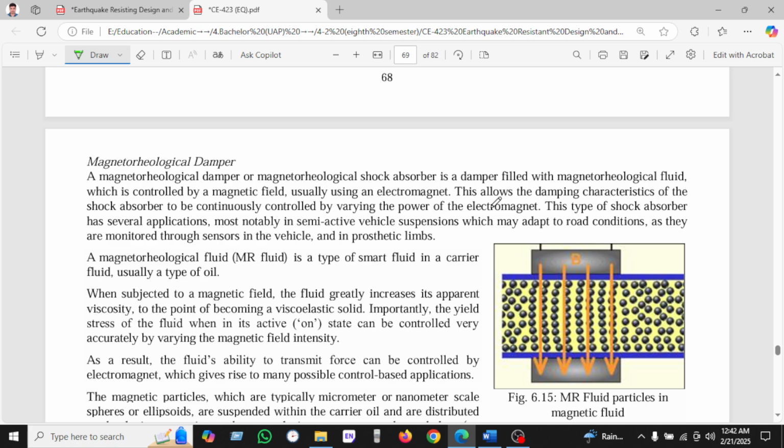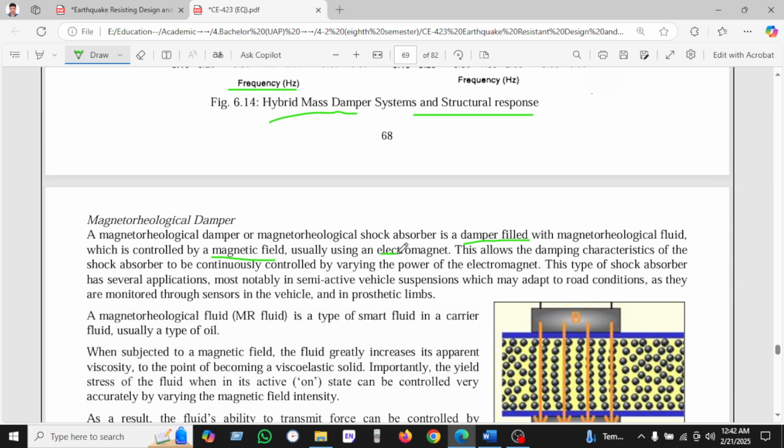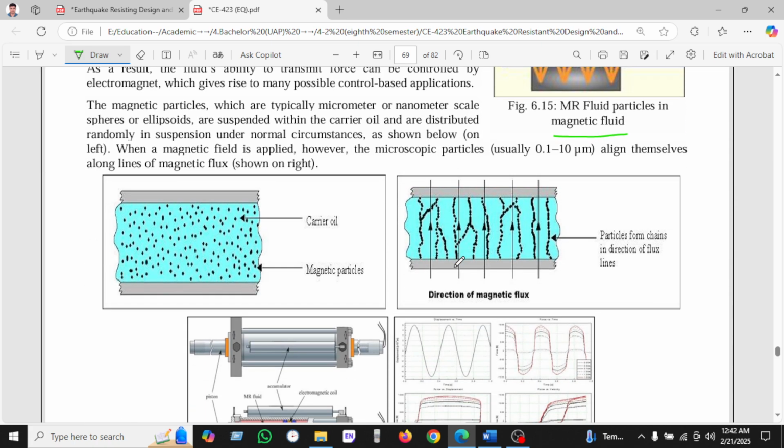A magnetorheological shock absorber is a damper filled with magnetorheological fluid, which is controlled by a magnetic field, usually using an electromagnet. So these are the electromagnets used.